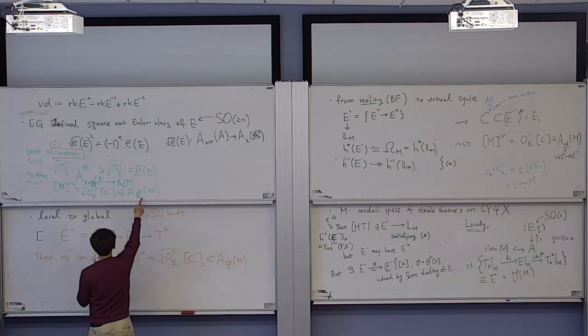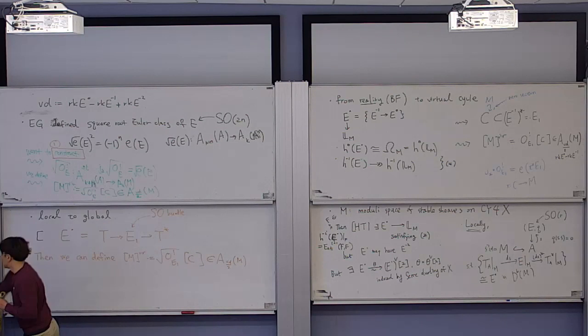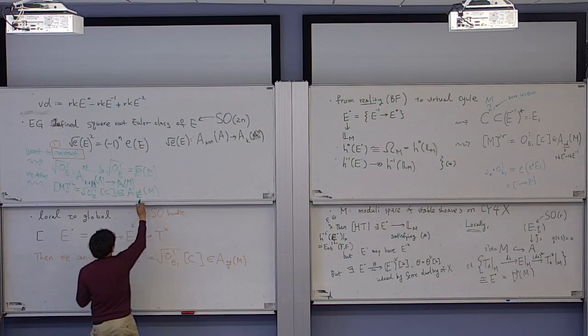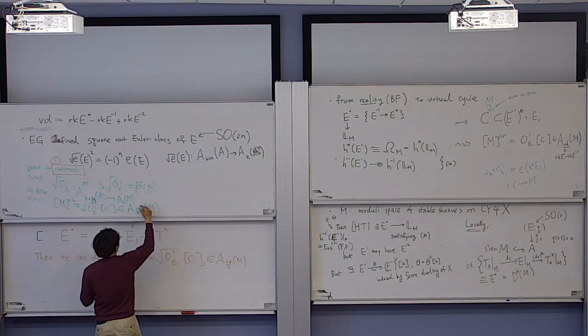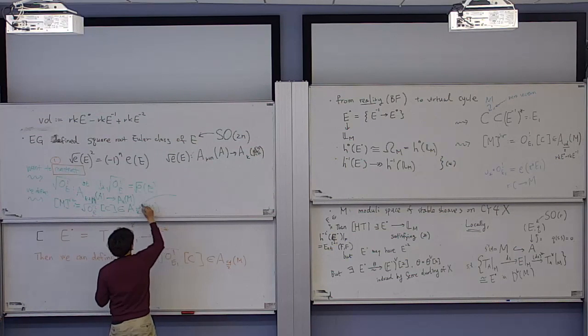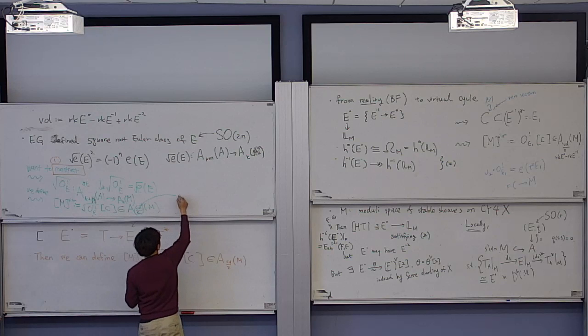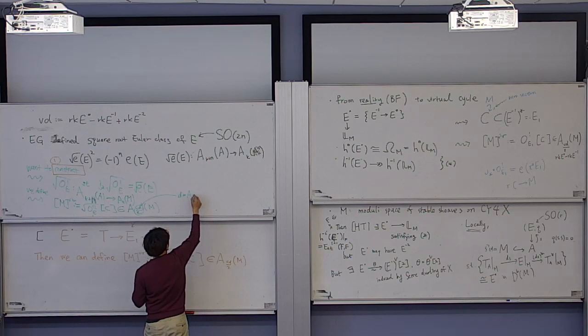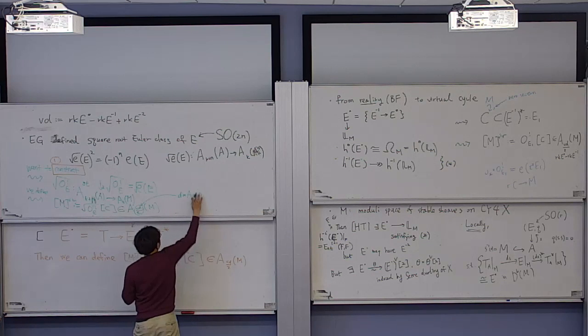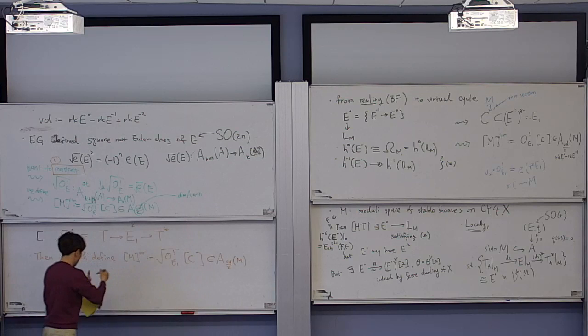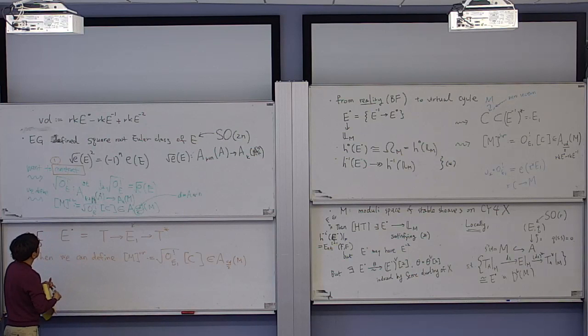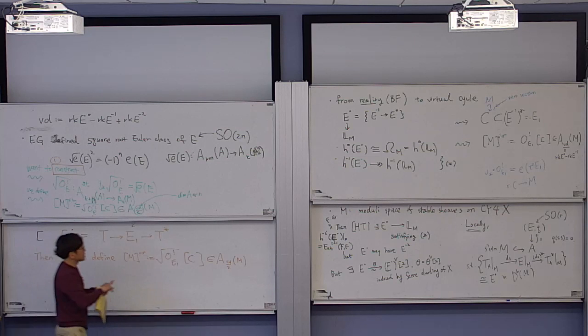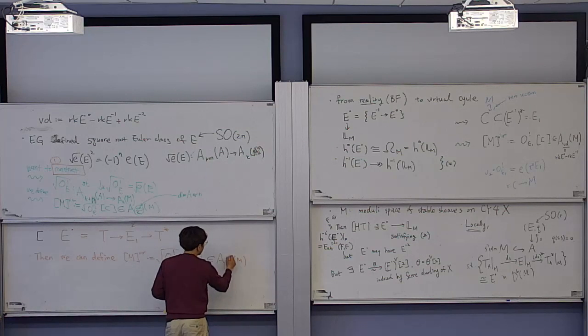I should say this virtual dimension is whatever it is, dimension A minus the rank of E0 minus.